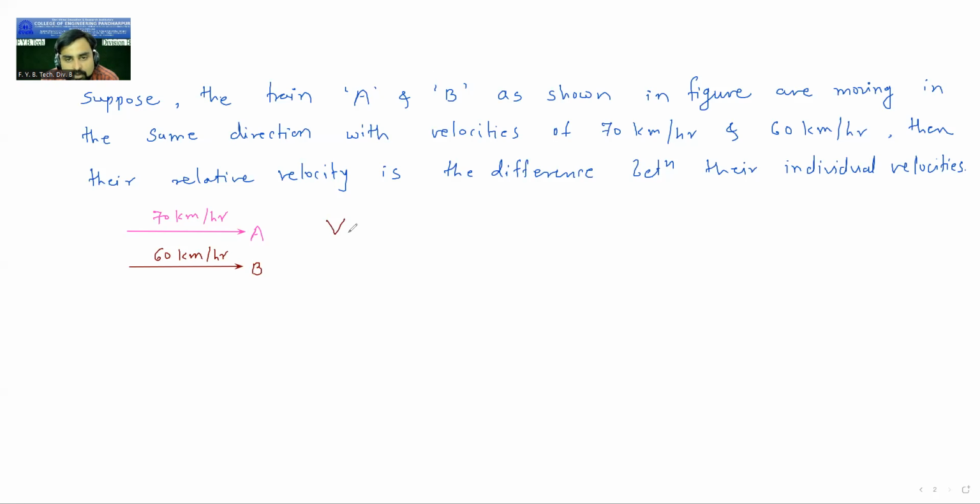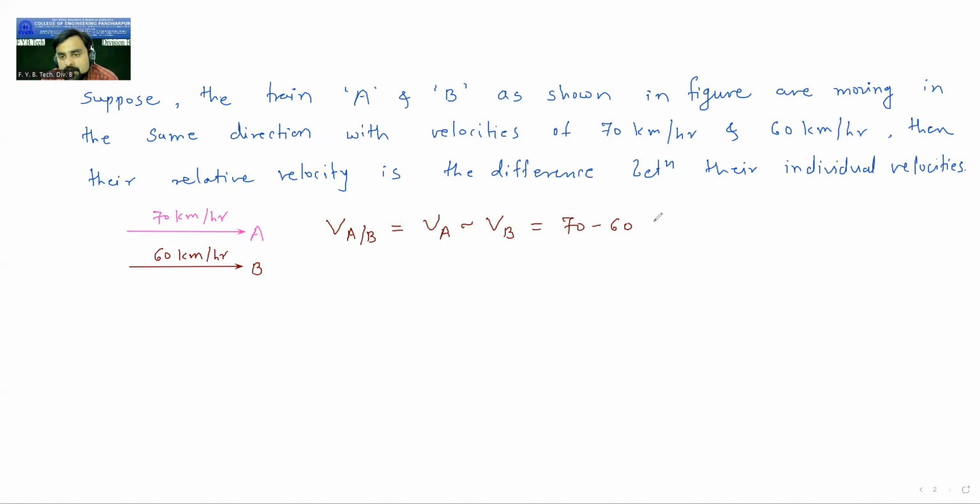Then the relative velocity of train A with respect to B is equal to the difference. So the difference is VA minus VB, which is equal to 70 minus 60. Okay.